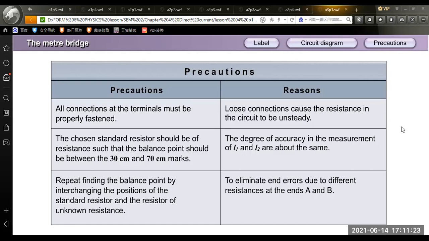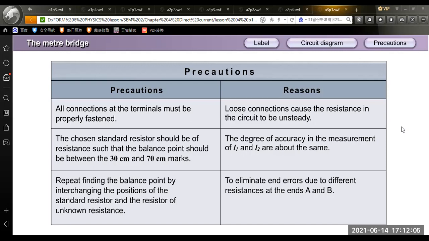Next, repeat finding the balance point by interchanging the positions of the standard resistor and the resistor of unknown resistance. We exchange the resistor and the wire. The reason is to eliminate the error due to different resistance at the ends A and B. Let's say the length from A to the jockey and from the jockey to B is 30, 70.